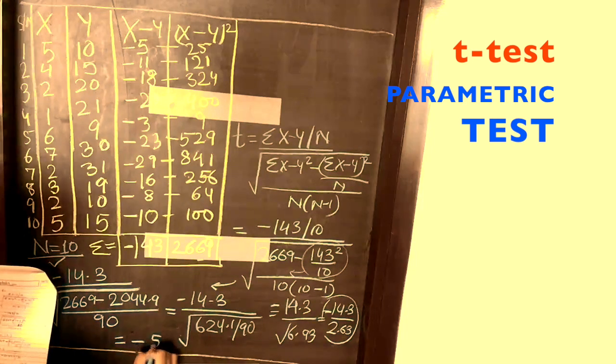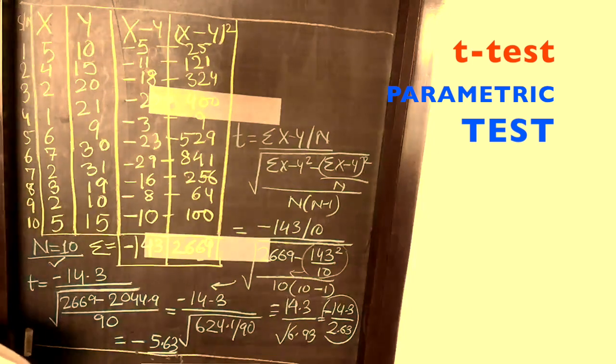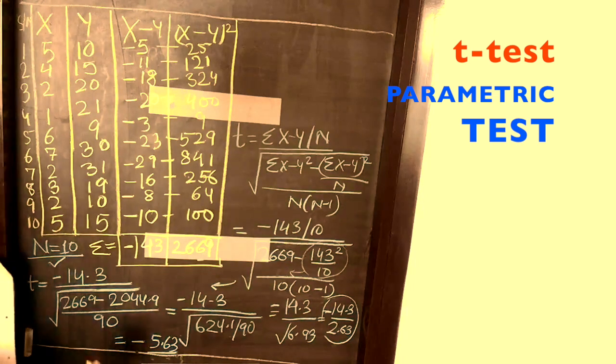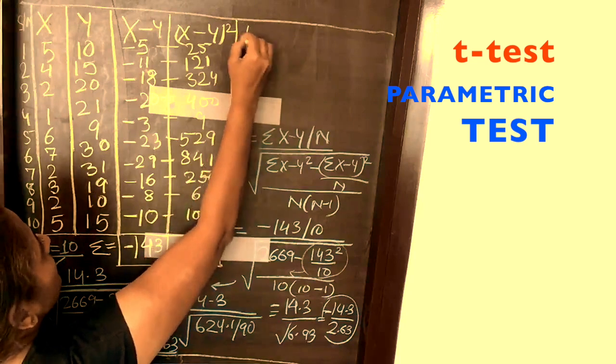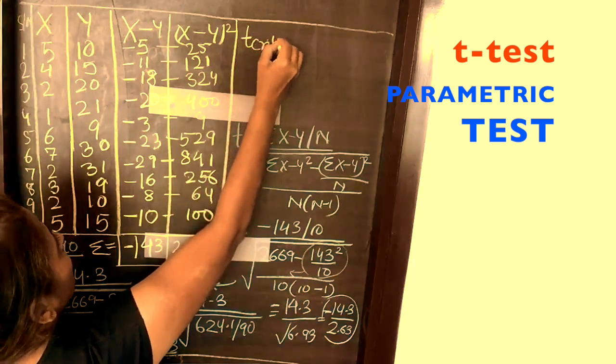So you can use a pen and paper along with me, and you'll find this value minus 5.63. That will be the value of t. So now we've got the value of t as minus 5.63.